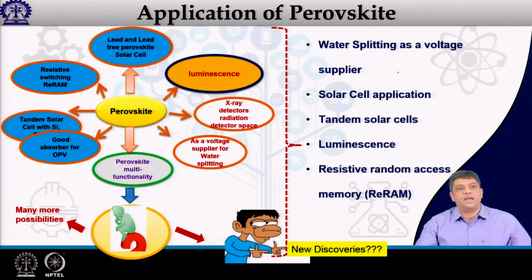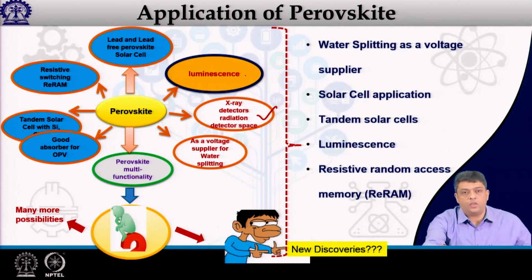These solar cells have large scale applications. They are already being proposed for application in X-ray detectors, in devices where luminescence is occurring, or places where you want to initiate water splitting, or you can also have resistive switching based devices where these systems can become useful.